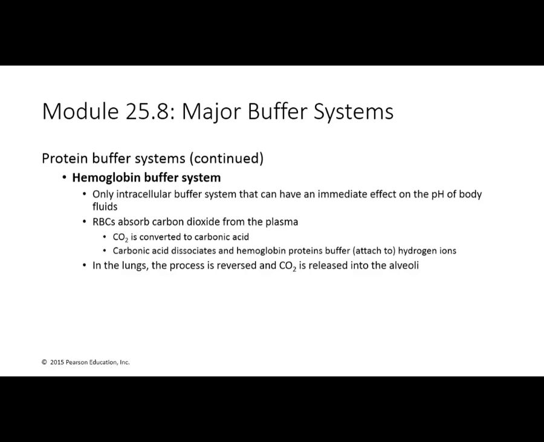So it's important that hemoglobin also can help grab some of this extra hydrogen, and CO2 can be converted to carbonic acid. Again, that's going to help grab it away from the body and minimize the effect. Now, the nice thing about this system is that now that carbonic acid can be reversed and CO2 can be dropped off in the lungs for release in the alveoli.